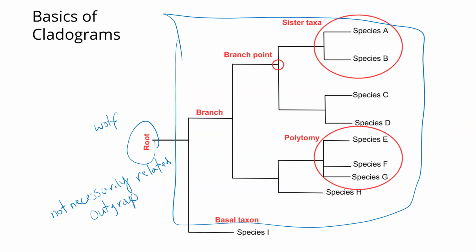So I'm just going off of a supposition here, but let's say this is a saber-tooth tiger, right? We know those have gone extinct and they're very early. And then you would go into, whatever flow we would have there, maybe a regular tiger, then a lion, et cetera, et cetera. So you need to know the difference between a basal taxon and an outgroup. They're not the same thing.